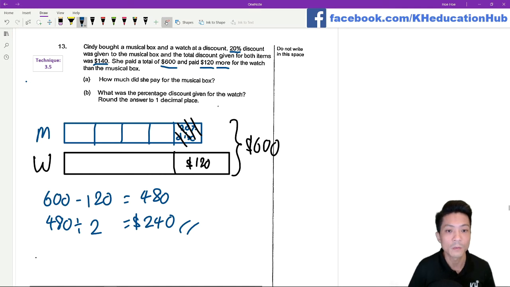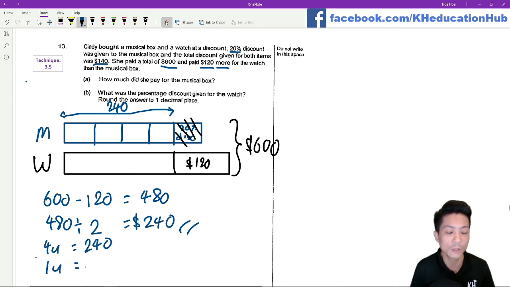For part B, what is the percentage discount given for the watch? Okay, we know that $240 is 4 units. So 4 units is equal to 240, which means that 1 unit will be equal to 60.